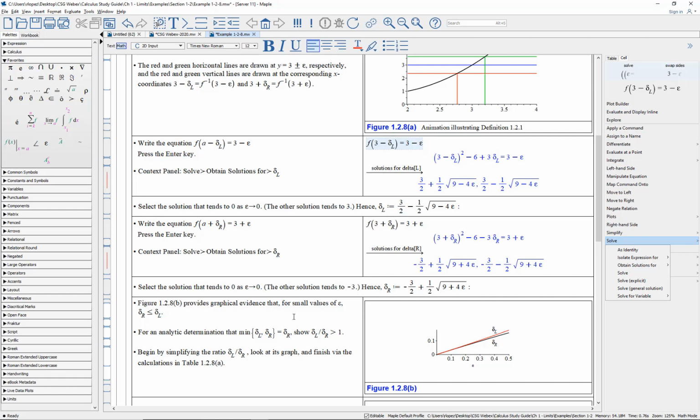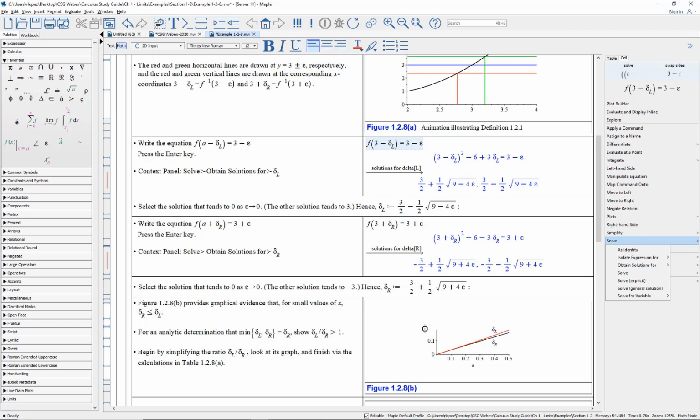So we need to compare delta L and delta R. And from our reasoning up here in the animation, we can figure that it's going to be that delta R is the smaller. We want to show that delta R is the smaller.